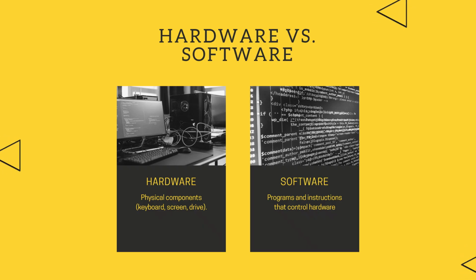Software is the invisible instructions that tell the hardware what to do. It includes applications like a web browser, or system software like Windows or Mac OS. These two work together. Think about it like this: hardware is the body, but software is the brain.